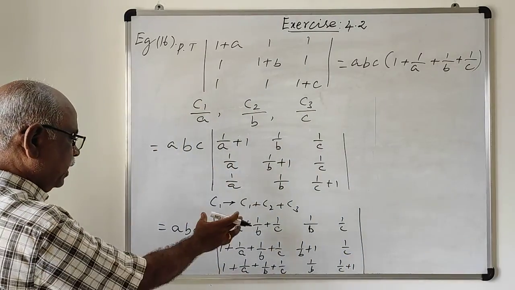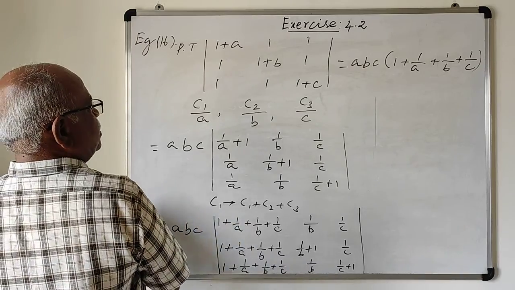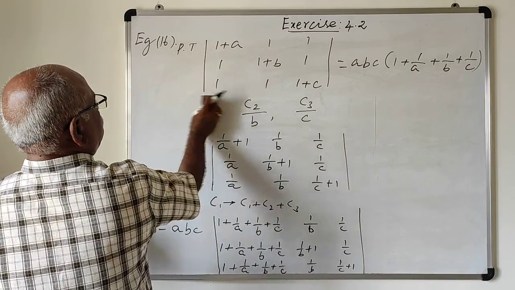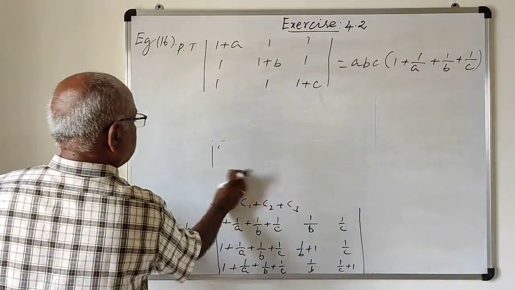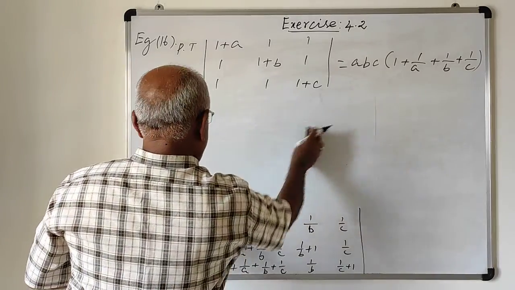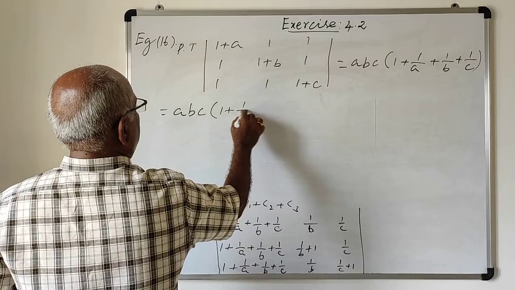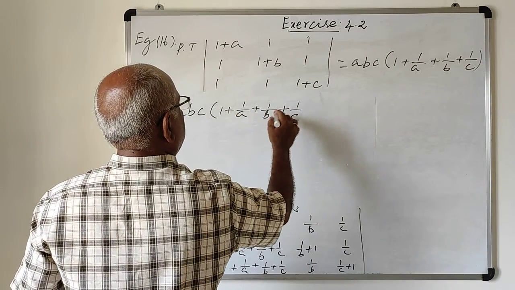Now from the first column I am taking 1 plus 1 by a plus 1 by b plus 1 by c as a common term. Already we have a, b, c outside.